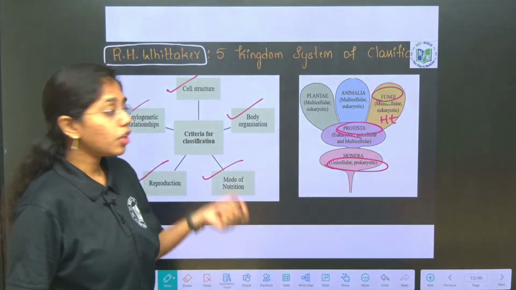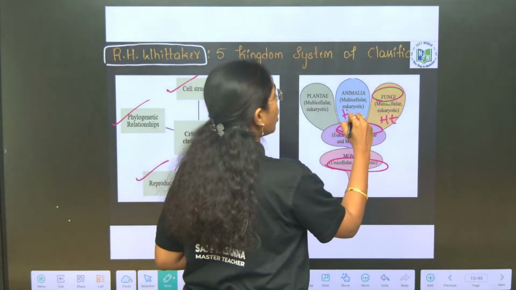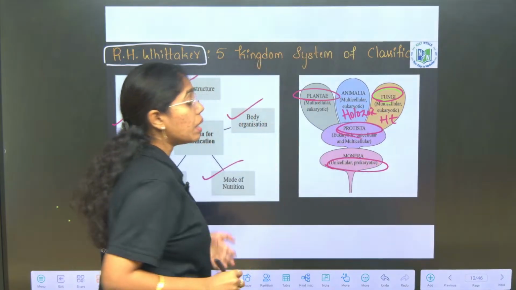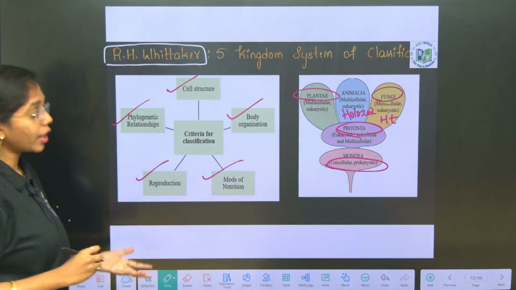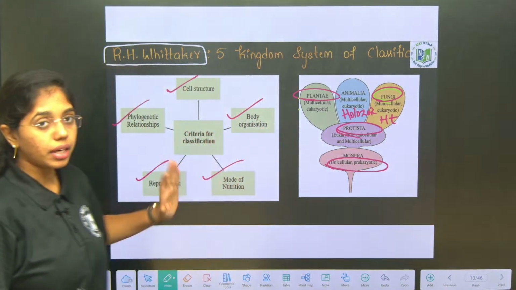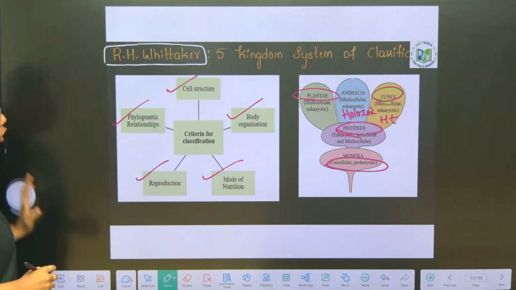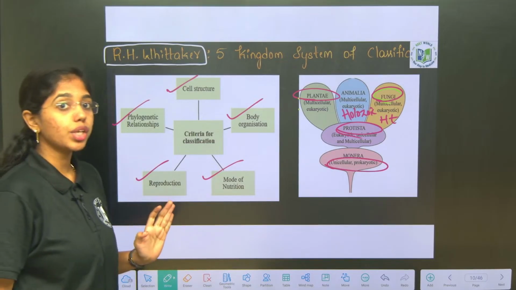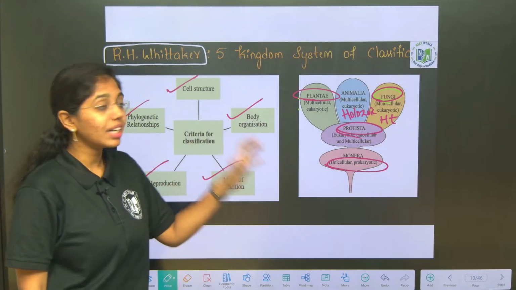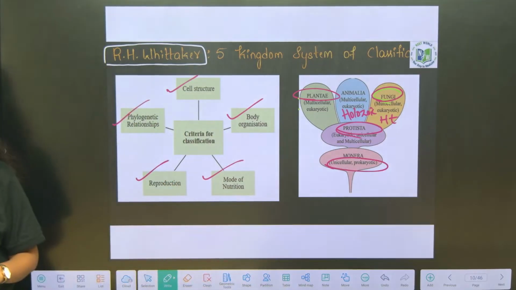Animalia are multicellular eukaryotic with a holozoic mode of nutrition. Plantae are multicellular eukaryotic with a holophytic mode of nutrition. Those organisms were placed under the kingdom Plantae. I hope the five kingdom system is clear, right ma? Once you look into the criteria of classification, we will discuss the five kingdoms in detail. If you have any doubts, just drop a message in the chat box.